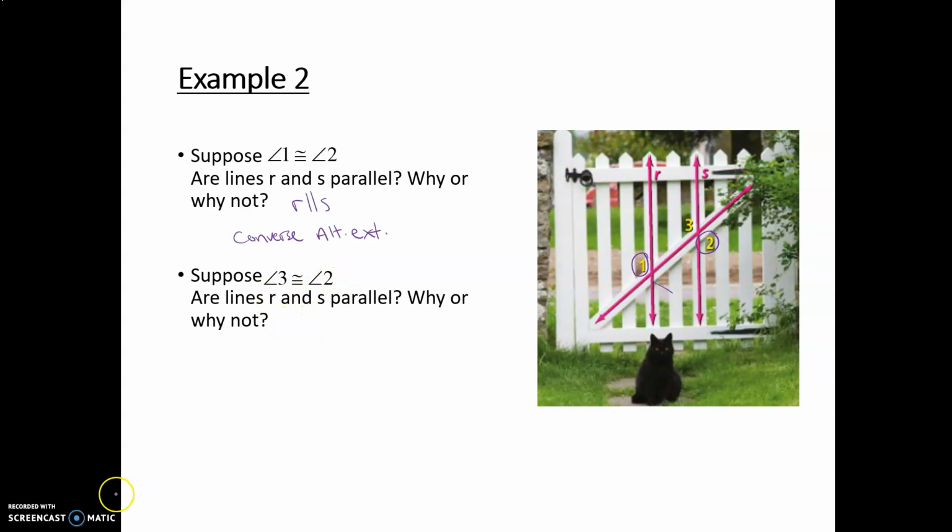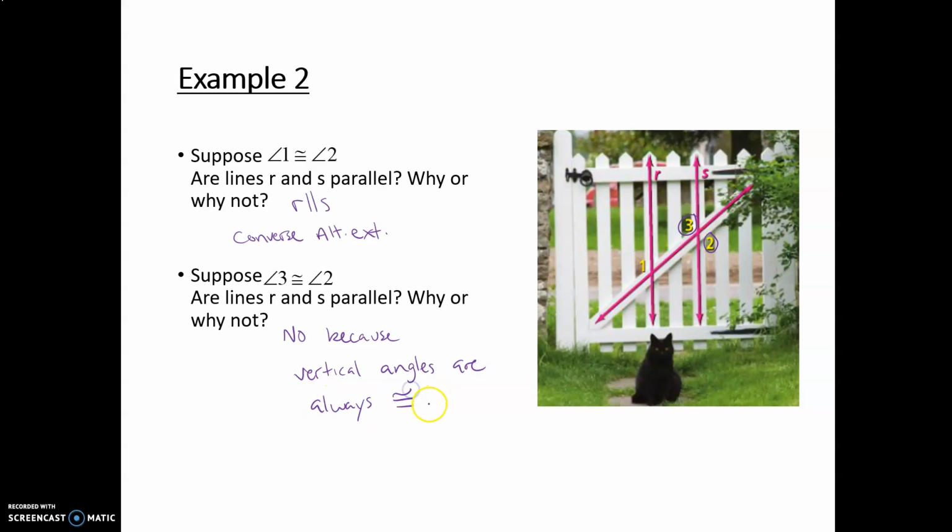The next one says, suppose 3 is congruent to 2. So 3 is congruent to 2. Well, 2 and 3 are vertical angles, and vertical angles are always congruent. So does that tell me my lines are parallel? No, because vertical angles are always congruent.